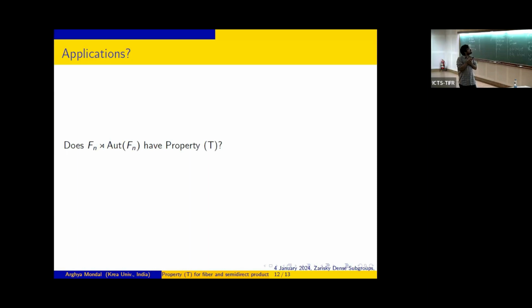So in this case, because we were talking about property T of automorphism groups of free groups yesterday, and we know that the automorphism group of the free groups have property T, then we can ask whether the semidirect product with Fn also has property T, or in fact, whether the relative property T holds in this context.